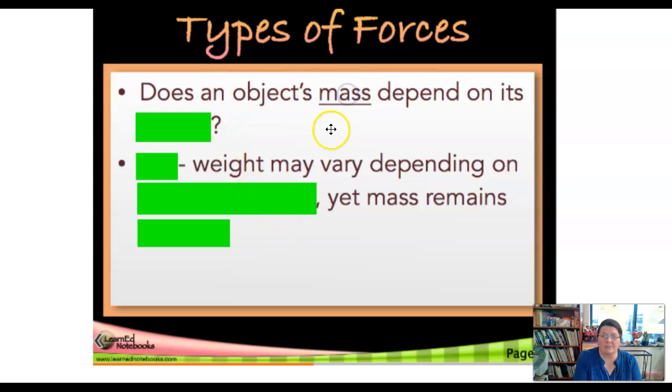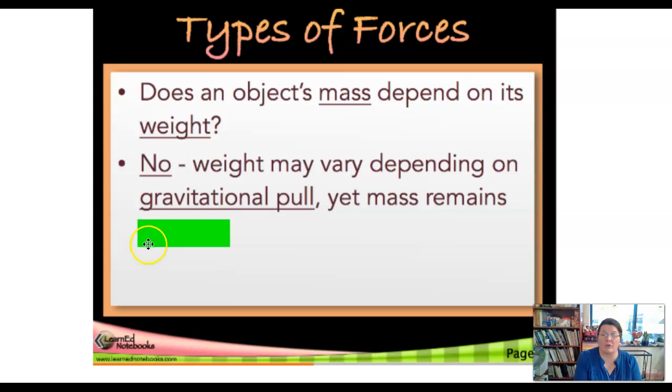Does an object's mass depend on its weight? No. Weight may vary depending on gravitational pull, yet mass remains constant. So, for example, we may go to Charlotte, get on a plane, and fly to the equator.